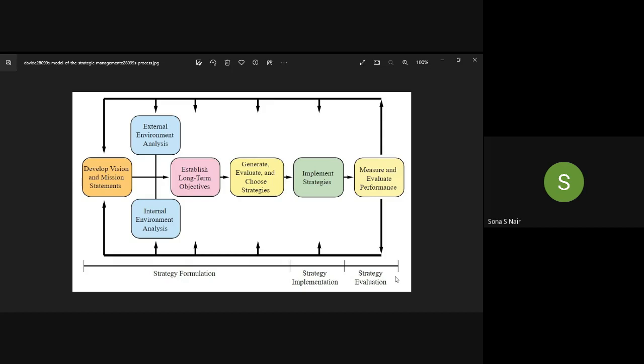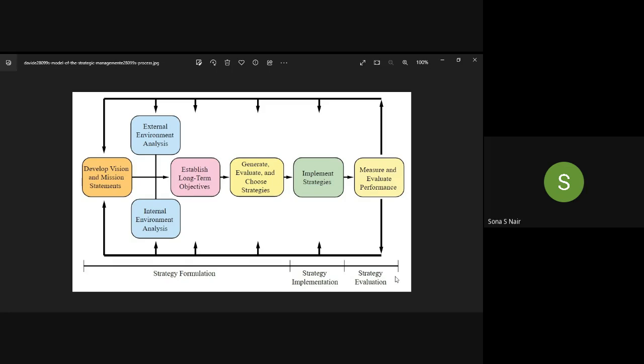In the second block, we started off with a more detailed discussion of objectives and of the variety of strategies which are available to us. In the second unit itself, we also looked at the environmental analysis aspect of this process. There's one small topic in block 2 which we need to start off today.